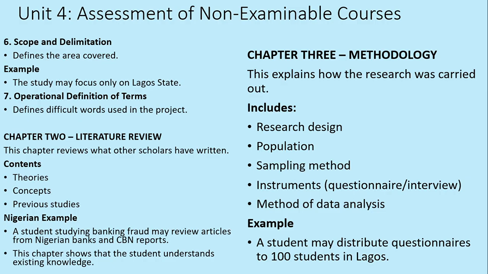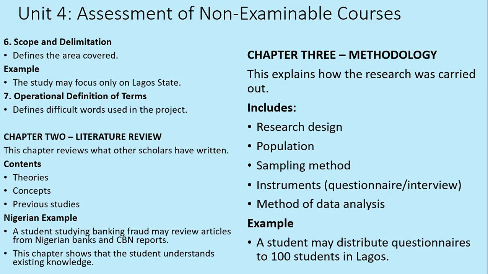When you're writing a letter, you have the address, date, title, greetings, body. So the introduction is just you introducing what your topic is all about. From chapter 2, that is when you start to talk about your topic, which is the body. Chapter 2 is the literature review, and under this literature review we have other contents.